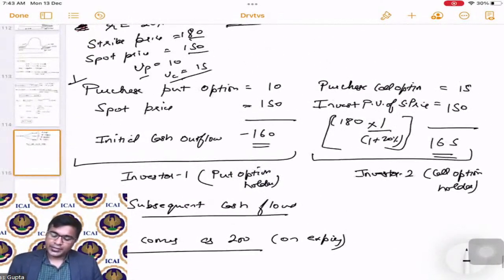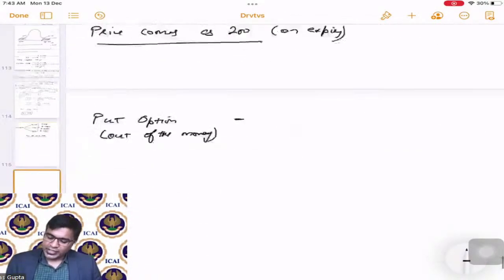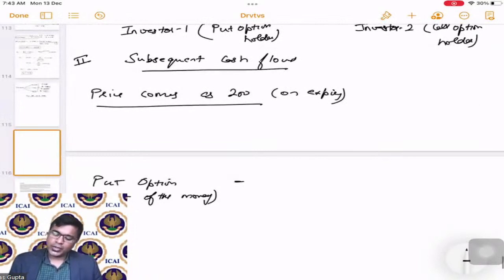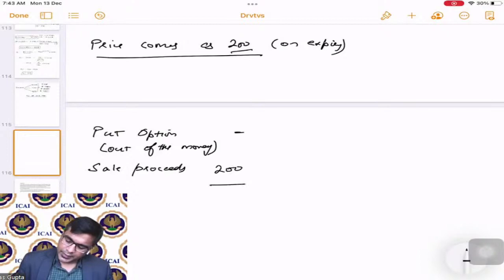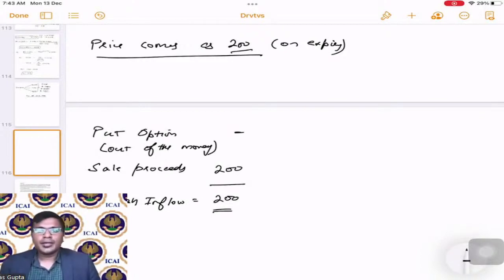On the other hand, for the spot holding, he is holding one share. That one share, he can easily sell now at 200 rupees, correct? Sale proceeds is equal to 200 rupees. This is the total cash inflow, which is 200 rupees.